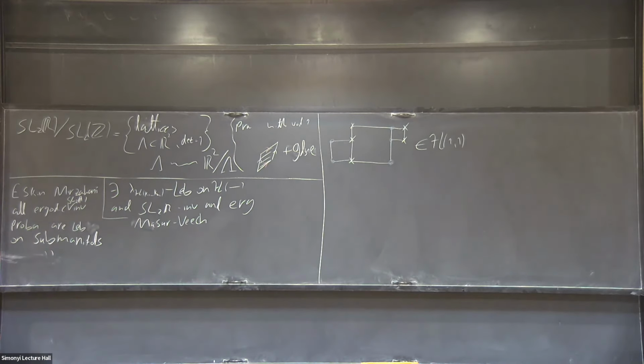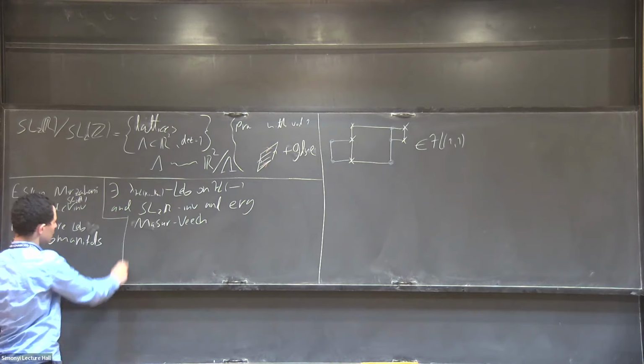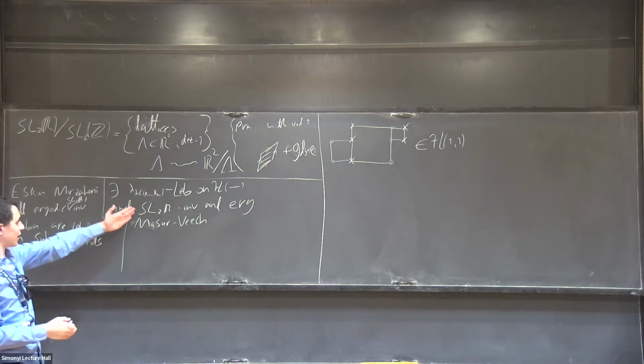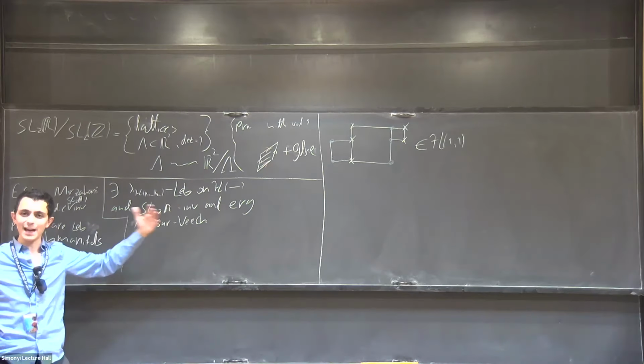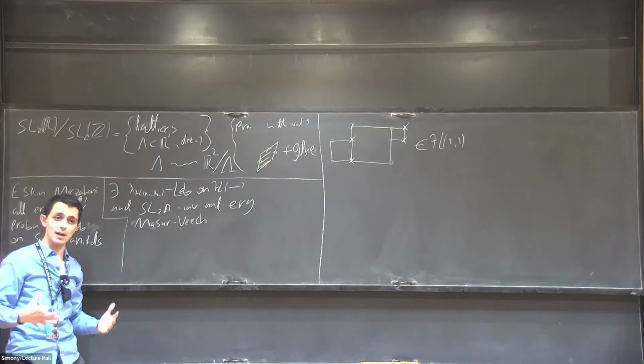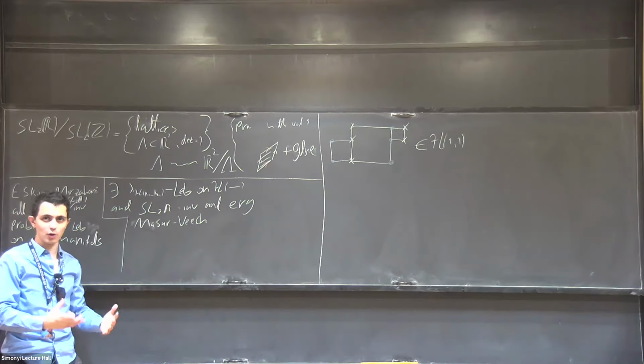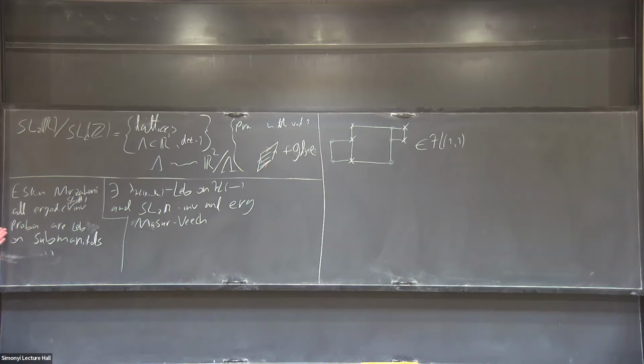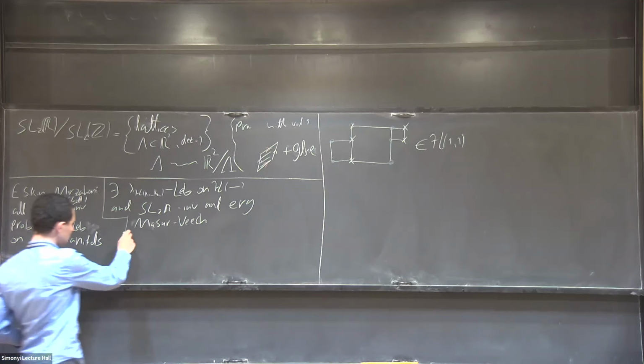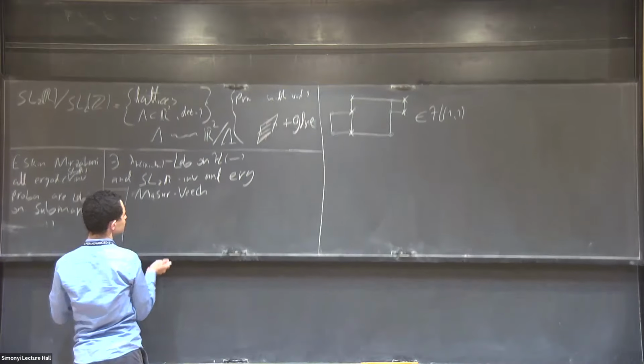Usually the measure is called the Masur-Veech measure. So we have an ergodic and invariant Lebesgue measure on the entire manifold, but also it turns out that all invariant and ergodic measures are Lebesgue. Okay.